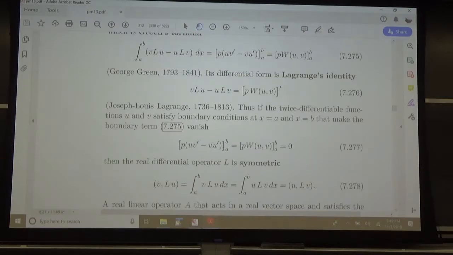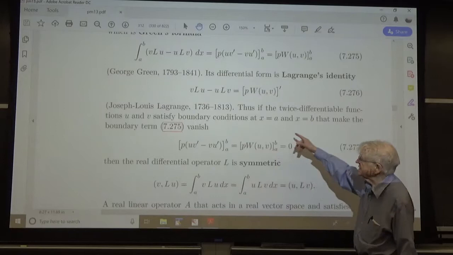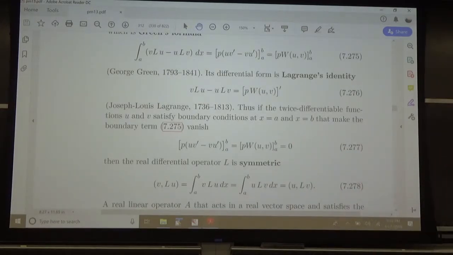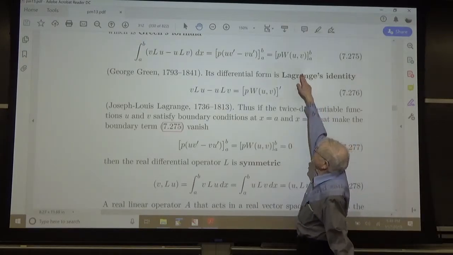So, suppose now that the twice differentiable functions u and v satisfy boundary conditions at a and b that make the boundary term vanish. So this term here is 0.